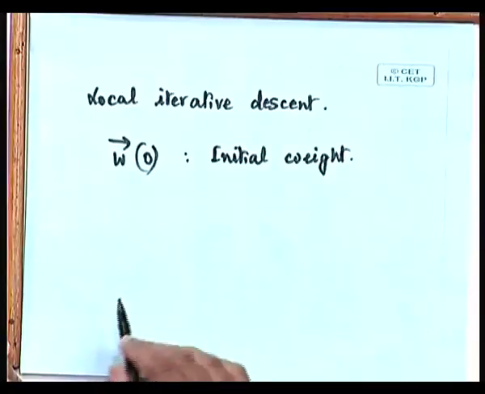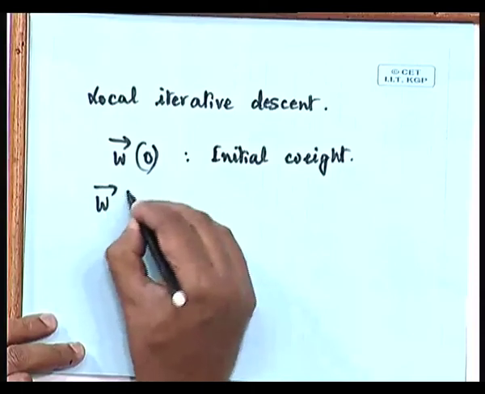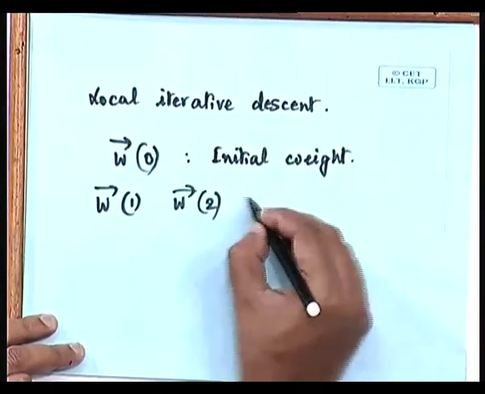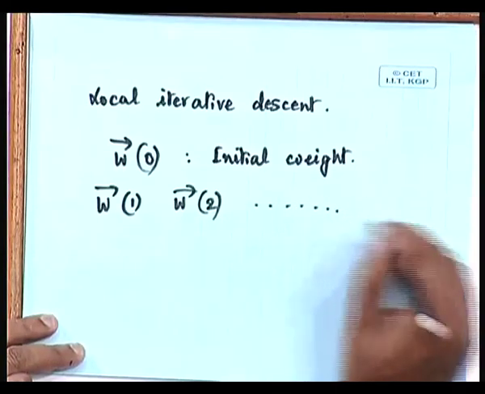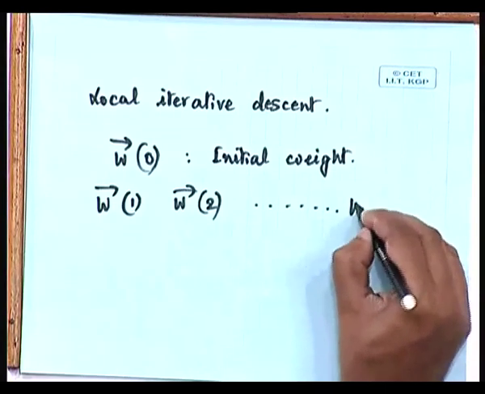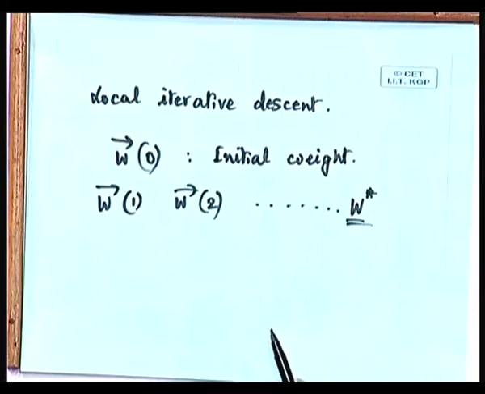So, starting with this W0, we are going to get a sequence of weight vectors, which we write as W1, W2, etc., and it continues. We do not know at what point we are going to find the minimum. Ultimately we are going to find the W star somewhere, and if we can find the W star, that is where we are going to stop.